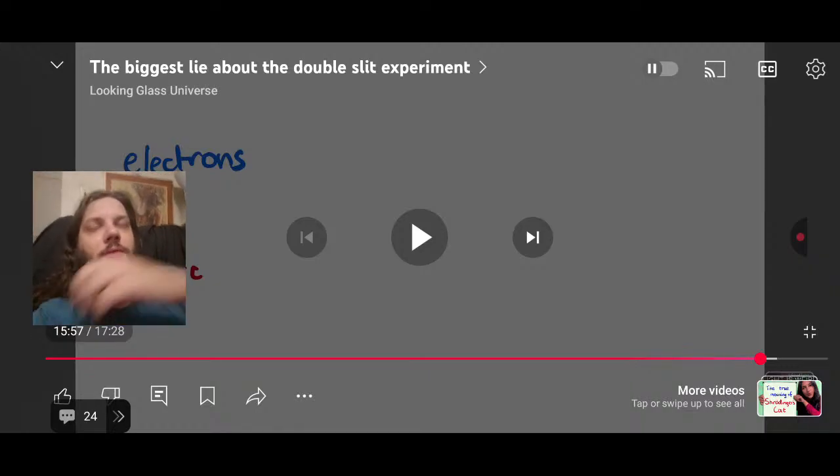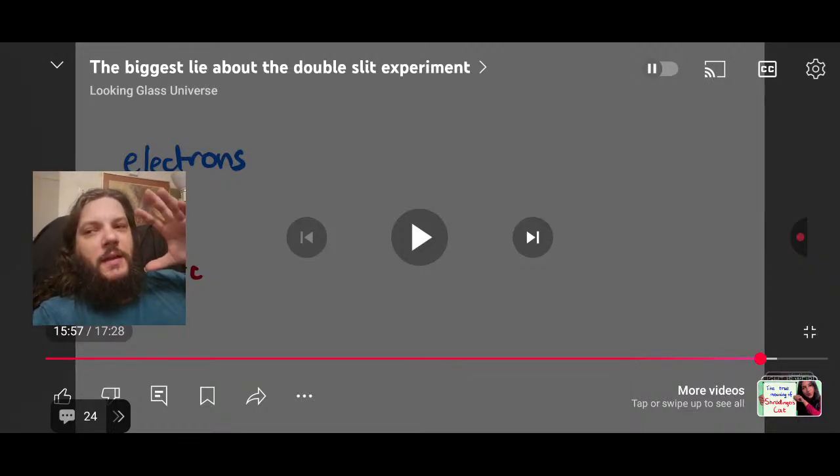We talked about the shell of the electron, and depending on the size difference of that photon emission, that's the light that we end up seeing.